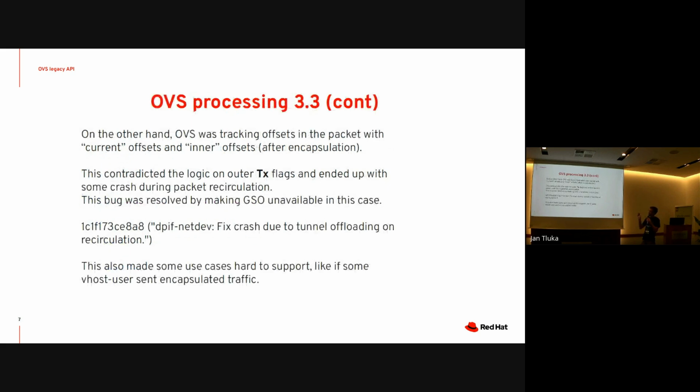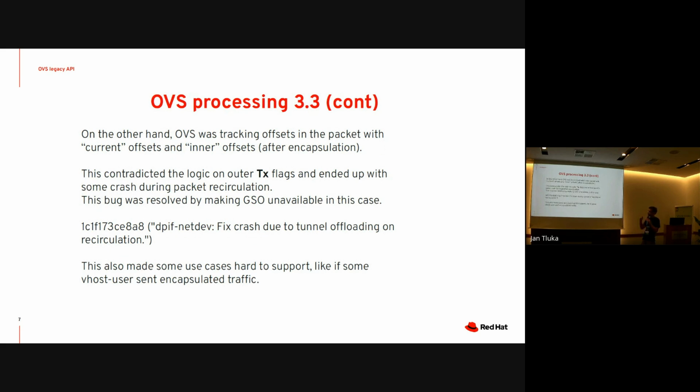And the problem also was that it contradicted something else in OVS. We were tracking everything as inner offsets, while we had to maintain outer flags for the final transmission. So it contradicted this logic, and we had a bug where we had some crashes after recirculation. So the fix in 3.3 was to simply disable the support of this feature after recirculation.